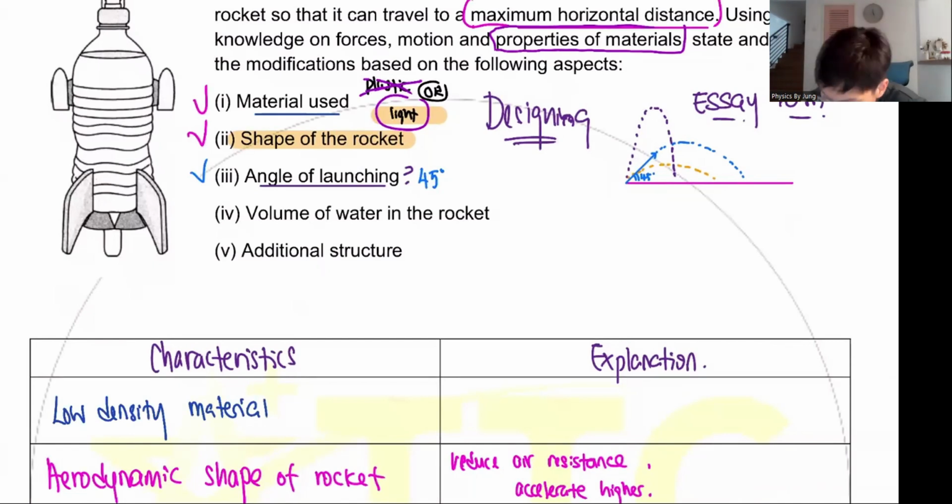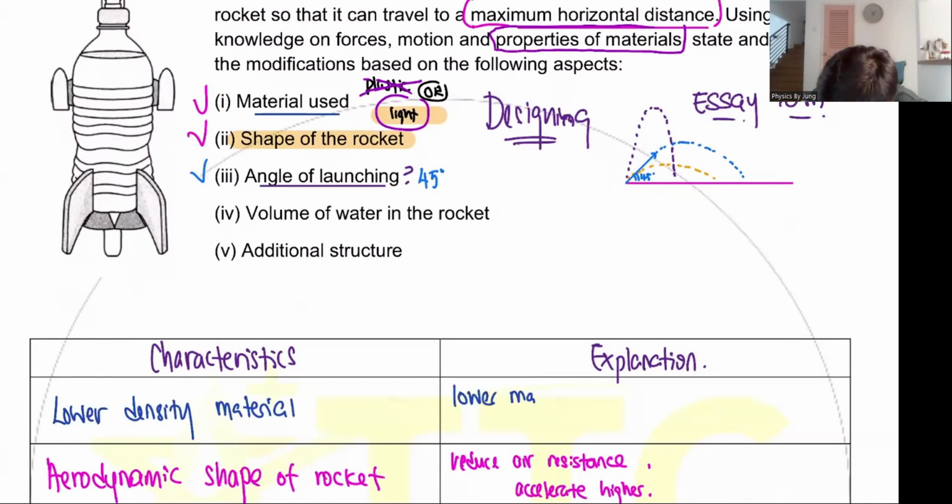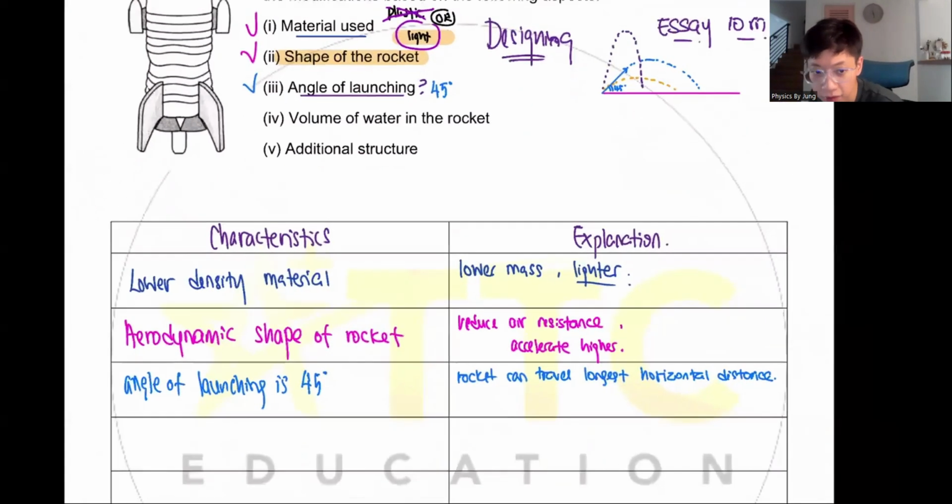A lower density material has the advantage that it has a lower mass, therefore it is lighter. Lighter is the final explanation. Lighter cannot be used as a characteristic, it has to be an explanation. Low density material can be a characteristic.